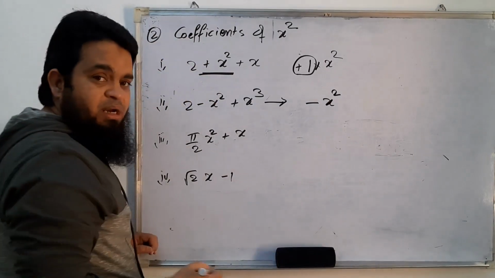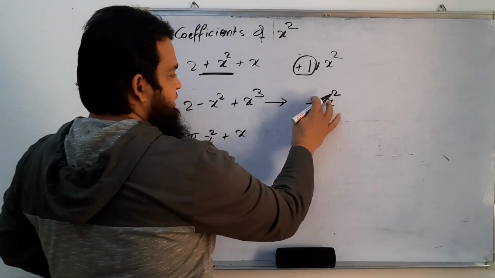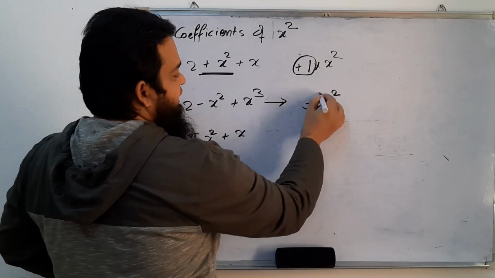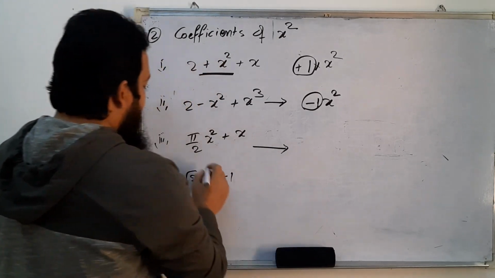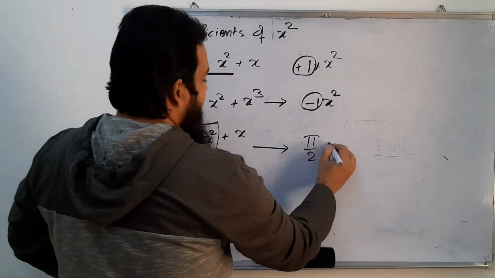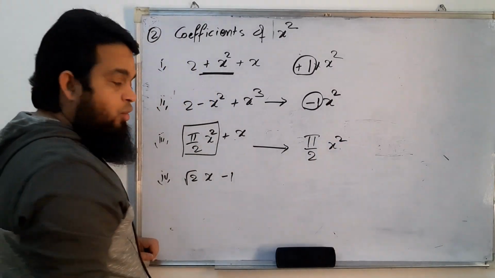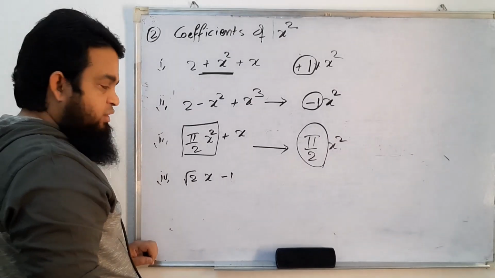If no number is there, the default is 1. So the coefficient is minus 1. Now coming over here, this is the term pi by 2 x square, and we all know pi by 2 is the coefficient of x square.